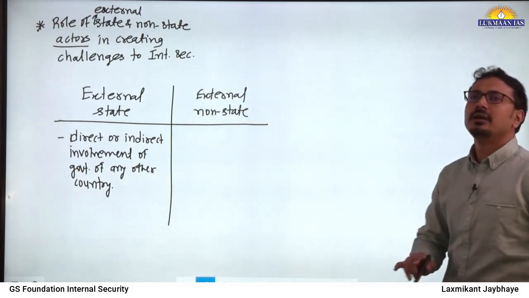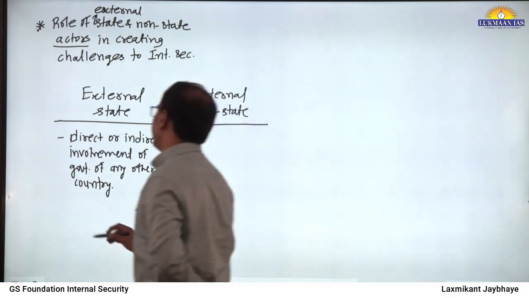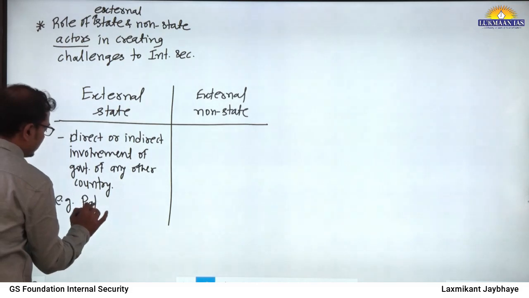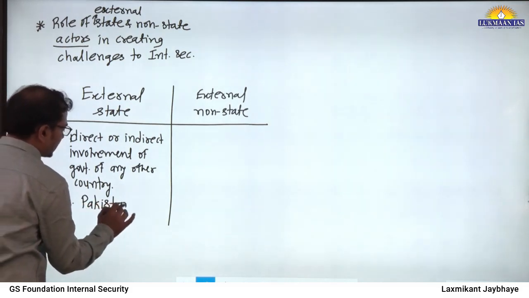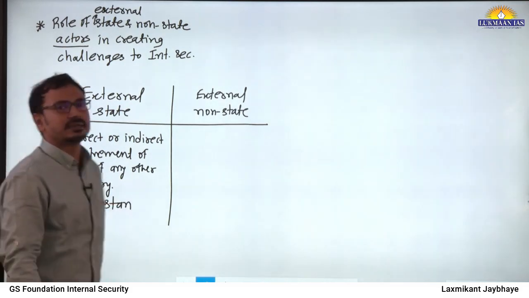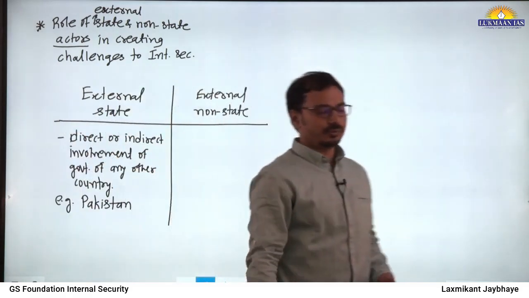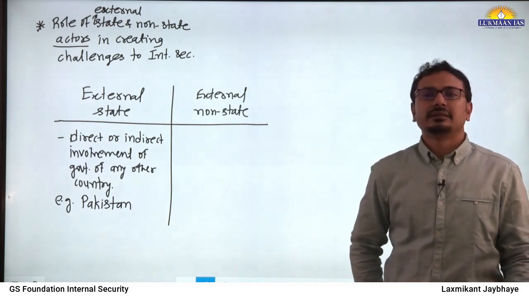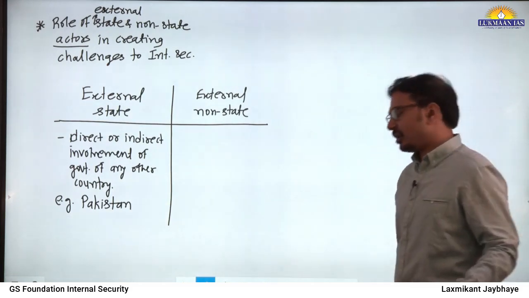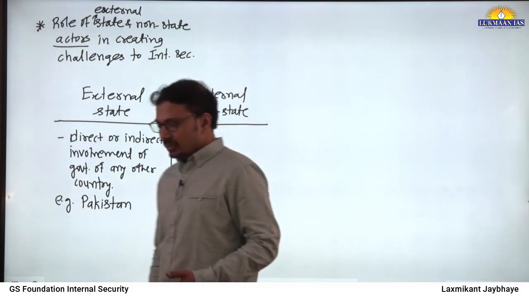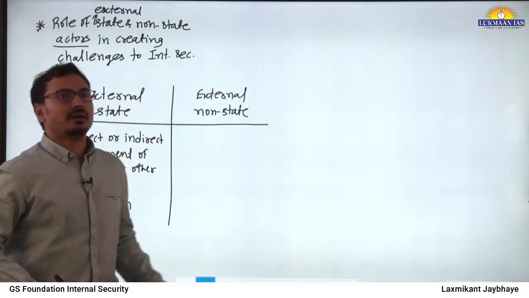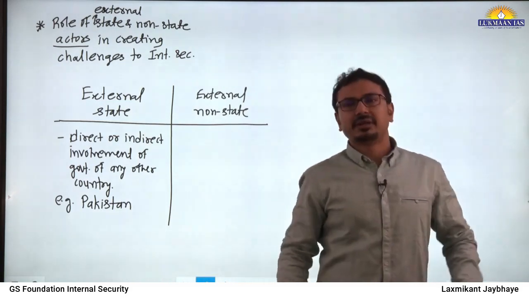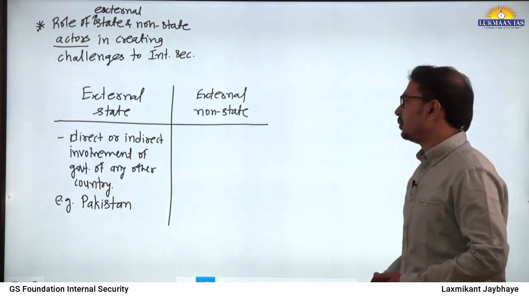Basically, for example, here the best example is Pakistan. What is Pakistan doing? Pakistan is directly promoting such activities like insurgency in Jammu and Kashmir, arms and ammunition smuggling, and militancy, that is, militants being smuggled into the country.